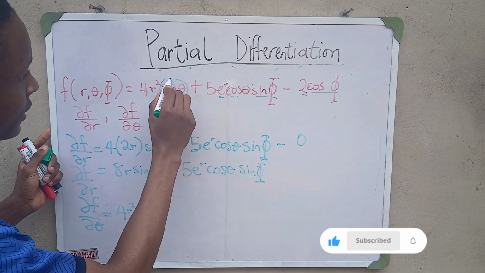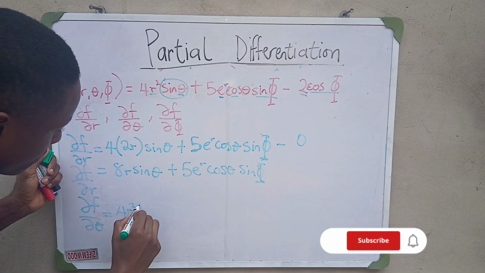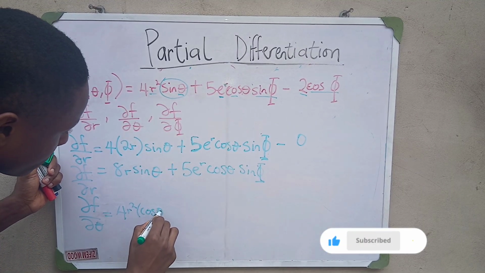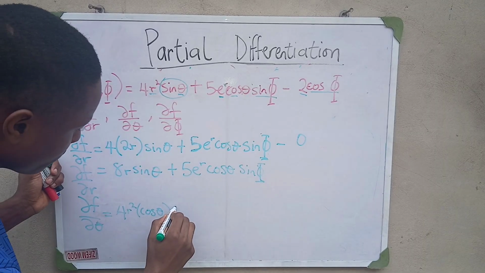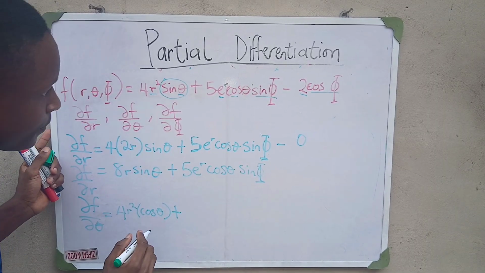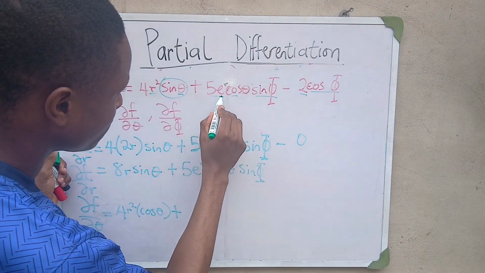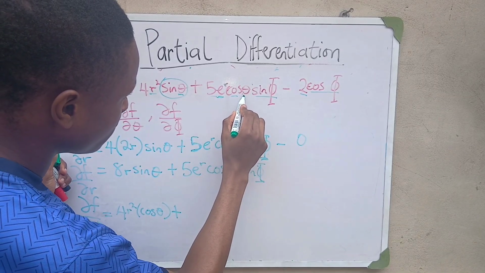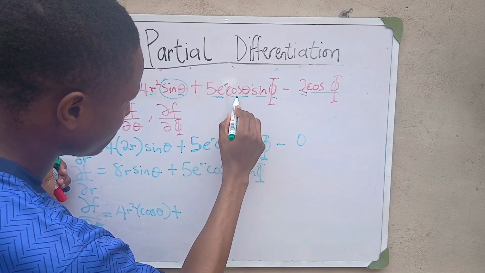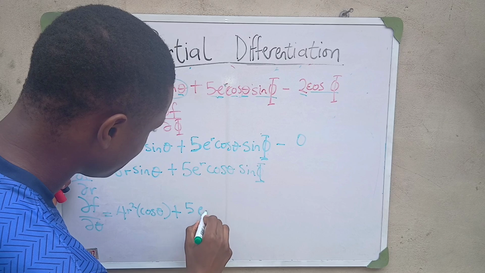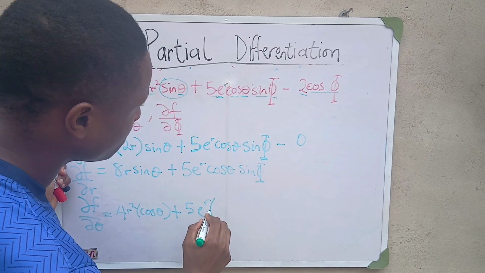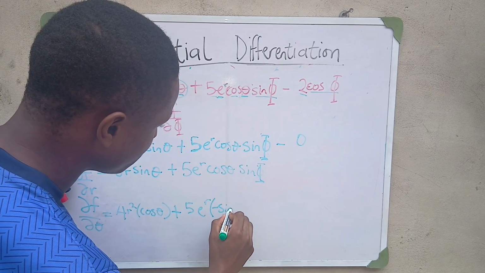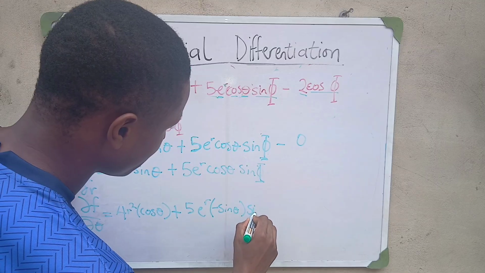Differentiating sine theta, we'll be having cos theta plus, this is also a constant. So we differentiate cos theta. So we have 5 e raised to power r. Differentiating cos theta, we'll be having minus sine theta times sine psi.